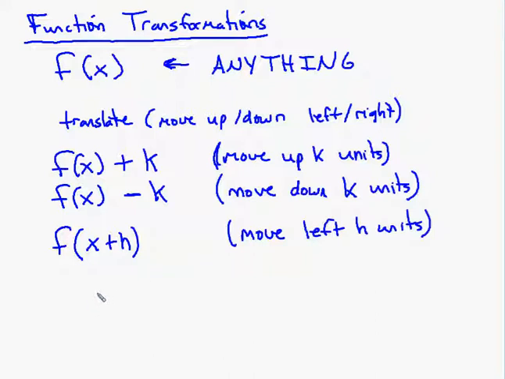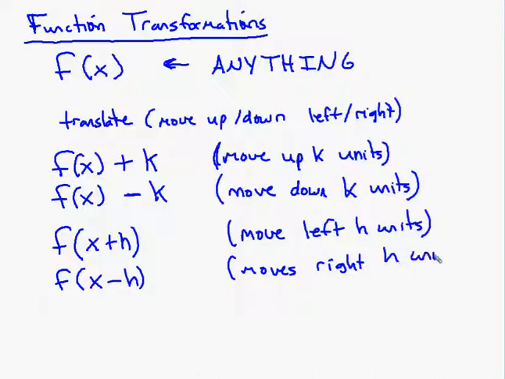Yep, it's opposite. And then if I do x minus h, that moves right h units. And I was wrong, there's actually 8 of these. So this is the first 4. These are the translations. These are where we move it up, down, left, right.